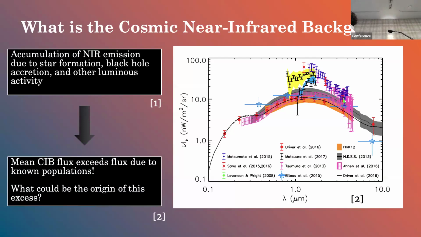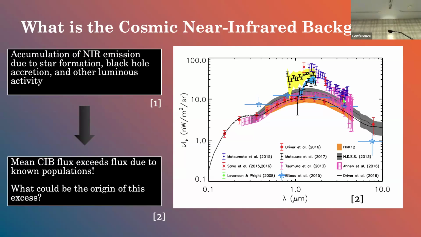This excess we call the source-subtracted CIB. There are a few different explanations as to what this is, such as Population III stars above a redshift of around 6, also intrahalo light, so gas and stars that are stripped from galaxy mergers.